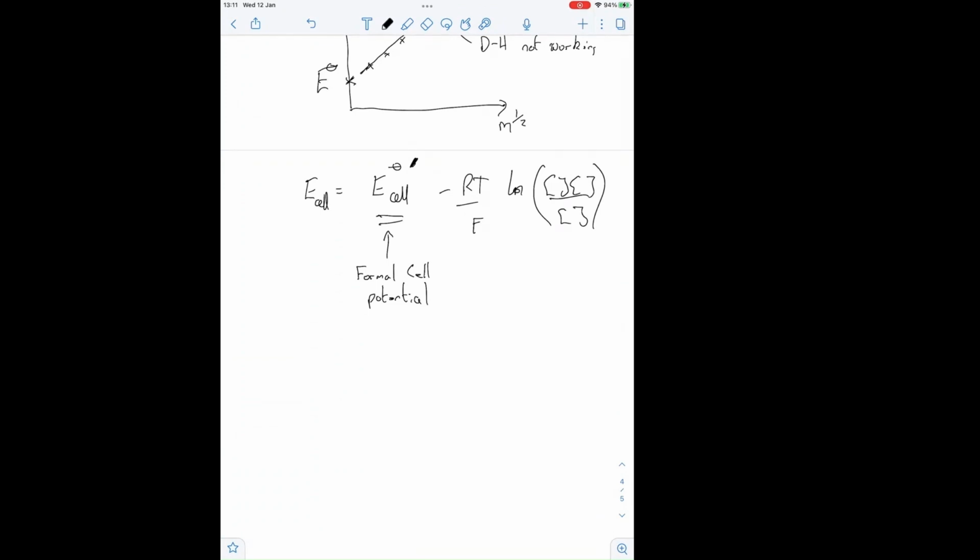So going through this derivation of the classic Nernst equation, I think that everybody should have been familiar with it, but the little extras are this idea of a formal cell potential, which is E0, the standard cell potential, plus some RT log activity coefficient terms.